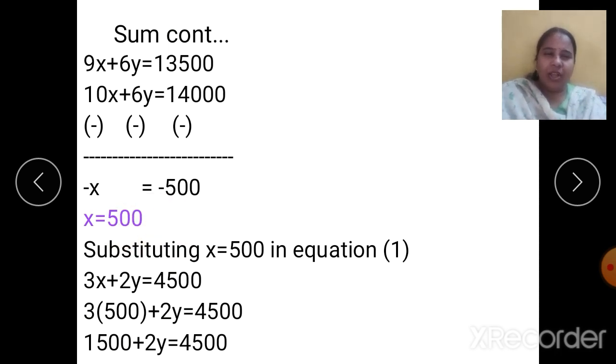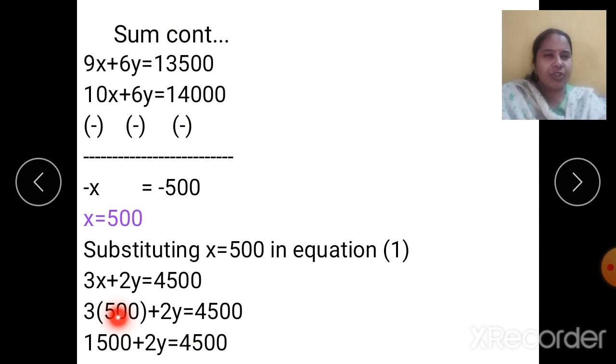Now substitute x is equal to 500 in equation number 1. So 3x plus 2y is equal to 4,500 was my equation number 1. In this, x has to be substituted as 500, right? So 3 into 500, this 2y will be as it is, 4,500 will be as it is. 3 into 500 is 1,500 plus 2y is equal to 4,500.